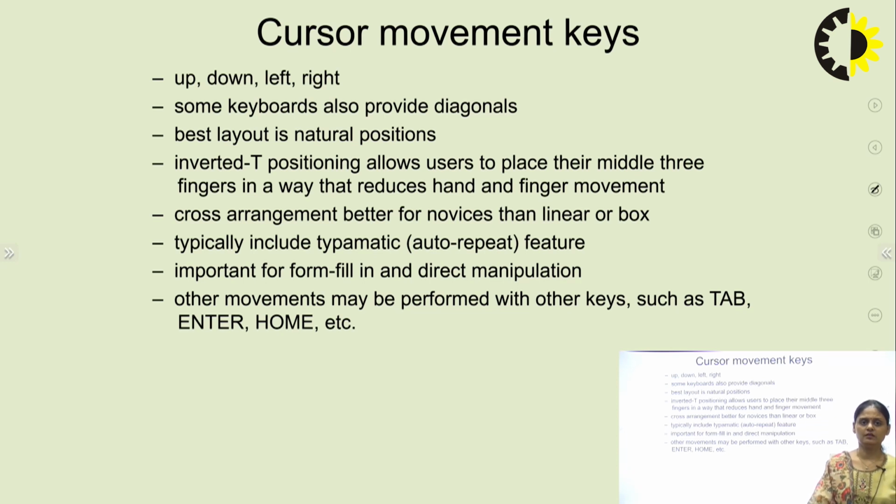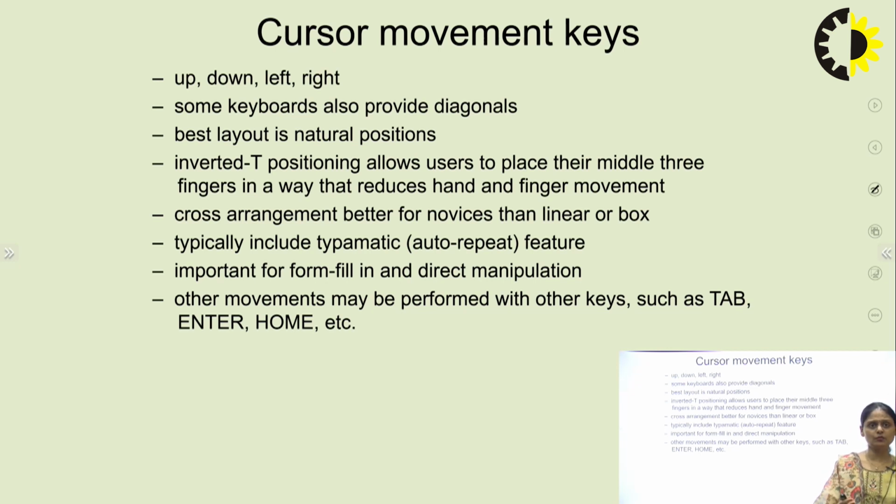We can see on the keyboard there are some arrow keys, to move up, to move down, left and right. They are placed on the keyboard on the right hand side, and some keyboards also provide diagonals as well. So the best layout is natural positions.